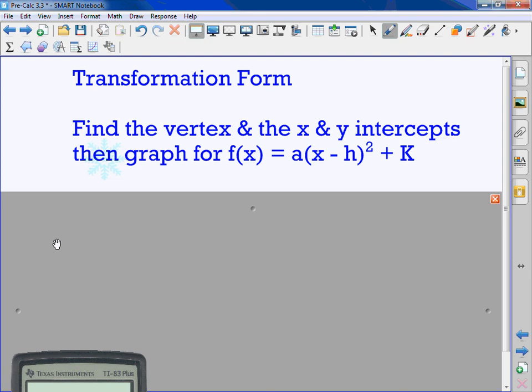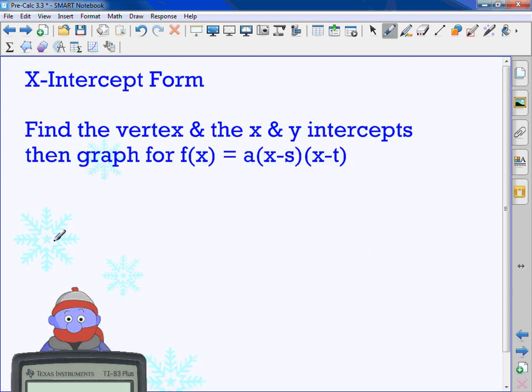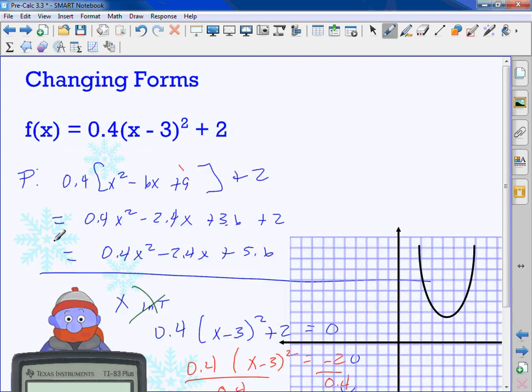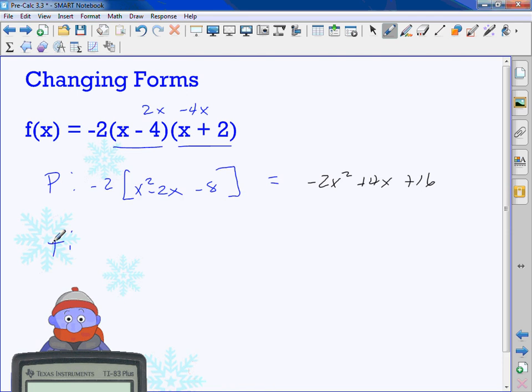Complete the square. That's what you have to do in order to change it into transformation form. So the easiest thing is looking here. Divide everything by -2. So I'm going to pull the -2 out front and be left with that.